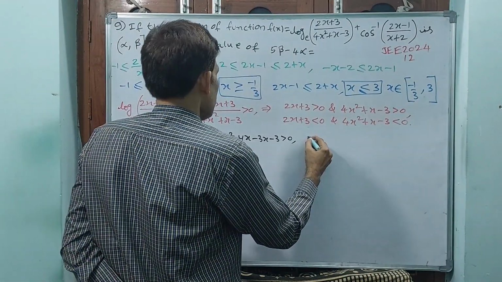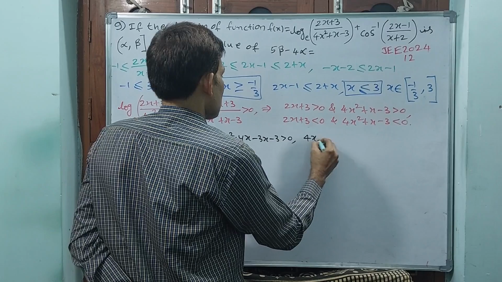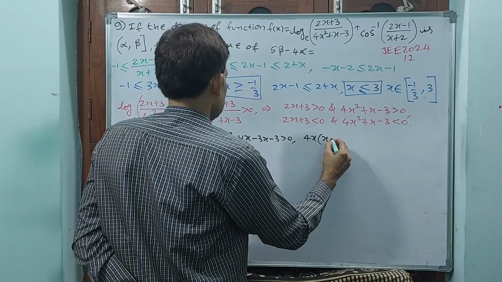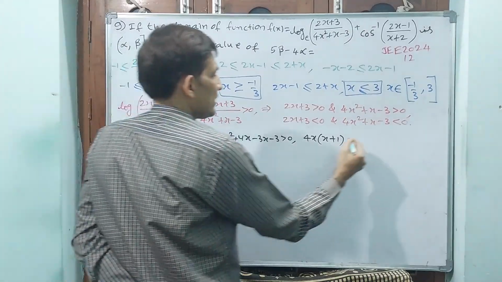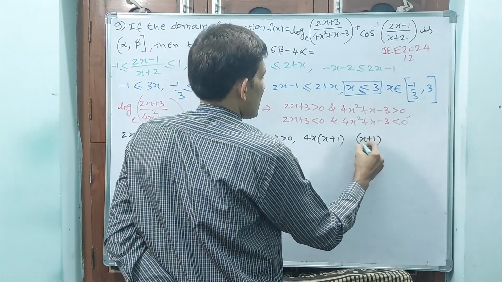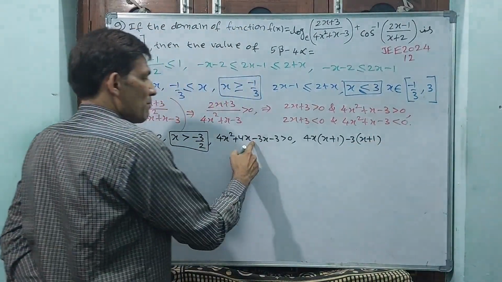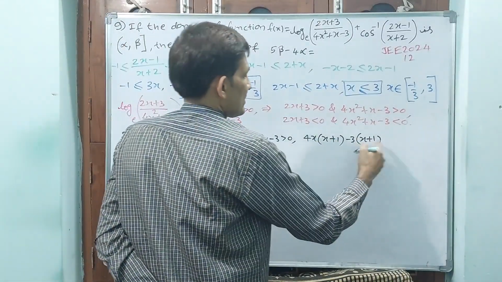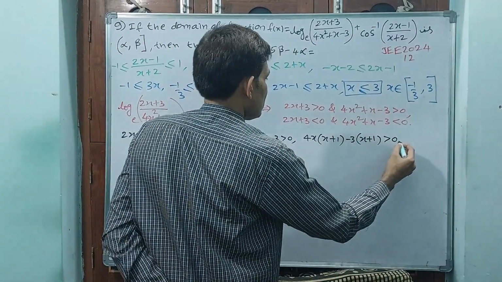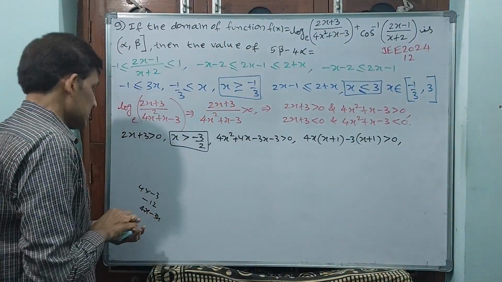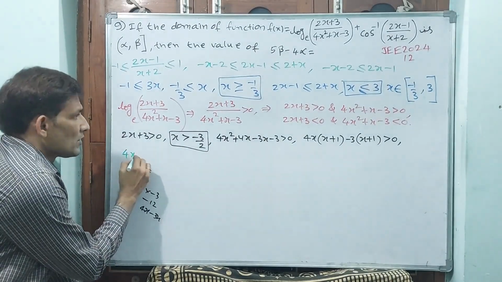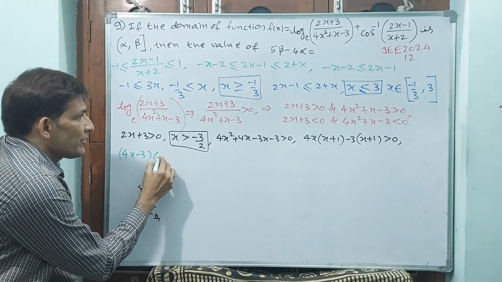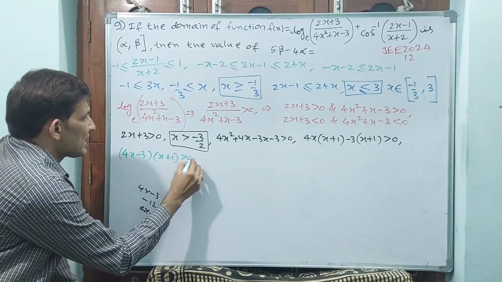Then I am going to take 4x as common, then x plus 1 will come. 4x square plus 4x. Again x plus 1 only I will take, but minus 3 I will take. Minus 3x minus 3. Okay, this should be greater than 0. Or else 4x minus 3 into x plus 1 should be greater than 0.